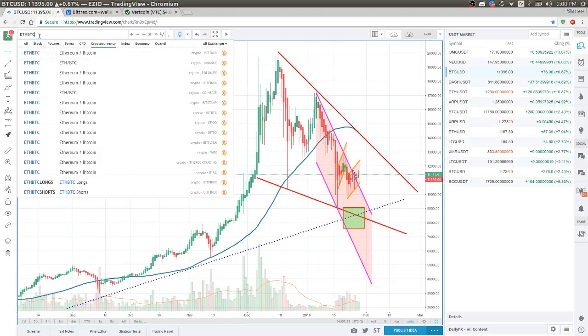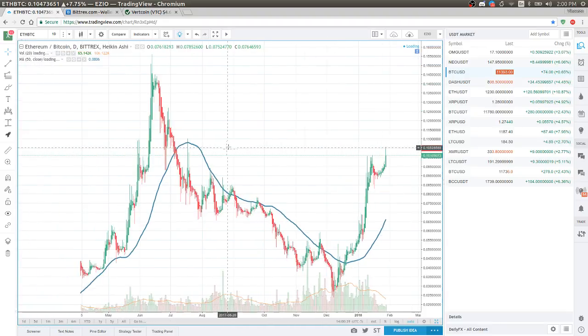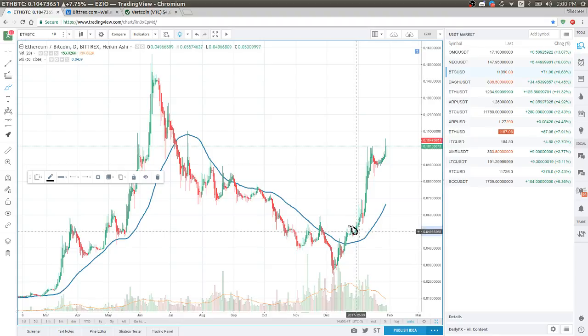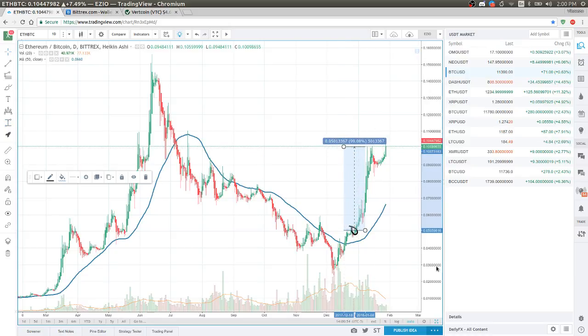Ethereum BTC, and I told you guys in the channel forever, move all your funds to BTC. When I told you guys, probably right here, when it started to reverse, I moved all my BTC here, and I made 100%. That's something you don't see with BTC.